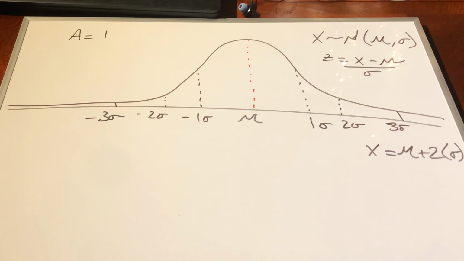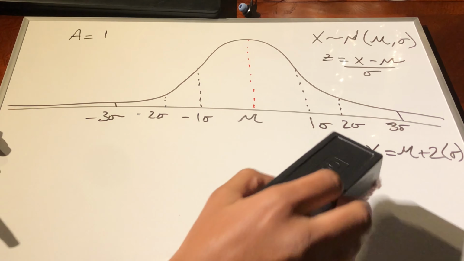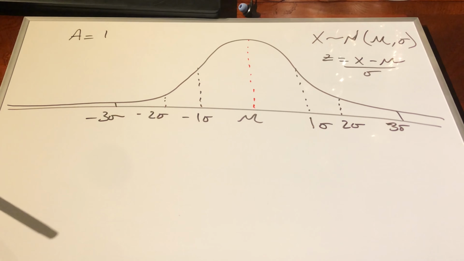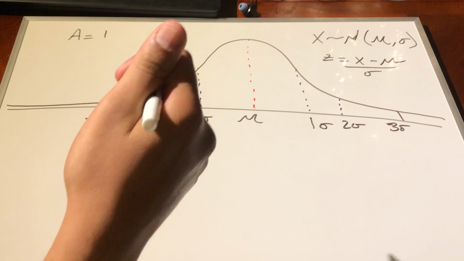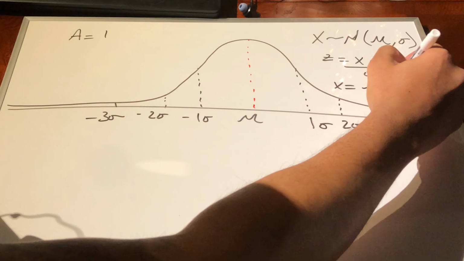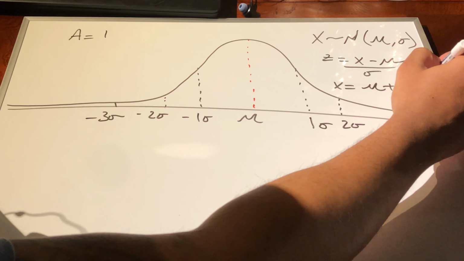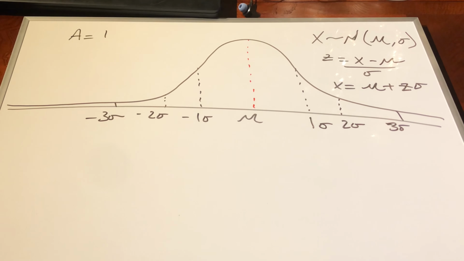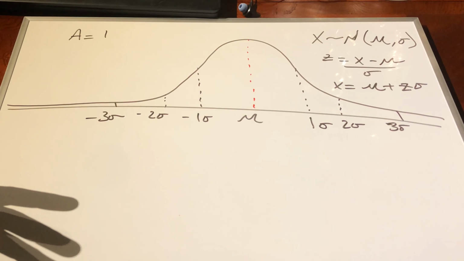I'll go ahead and shift this formula up here for you guys to have it. In order to find your x value, you take your mean plus your z times your standard deviation. Now, the z-scores for each different standard deviation are represented by the values they're given there.